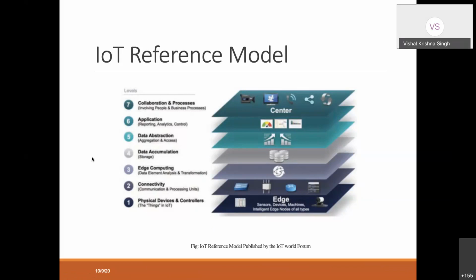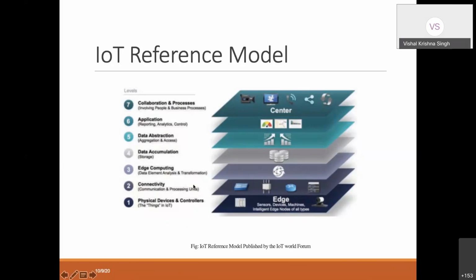As you can see in the figure, it is a seven-layered architecture. This IoT architectural reference model, with each of the seven layers, offers specific functions and security to the entire model.